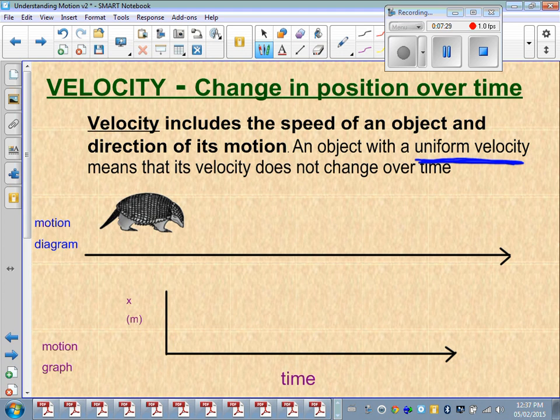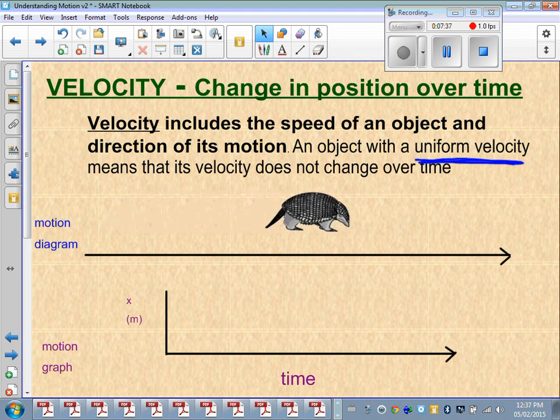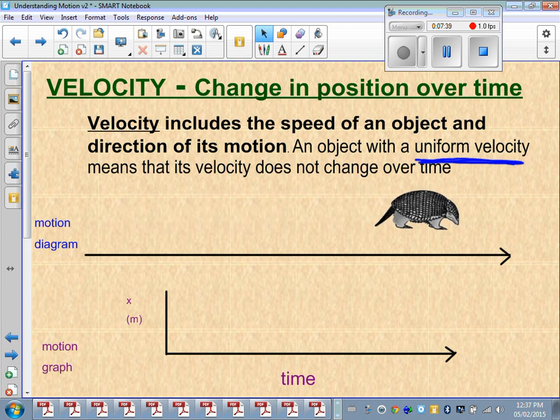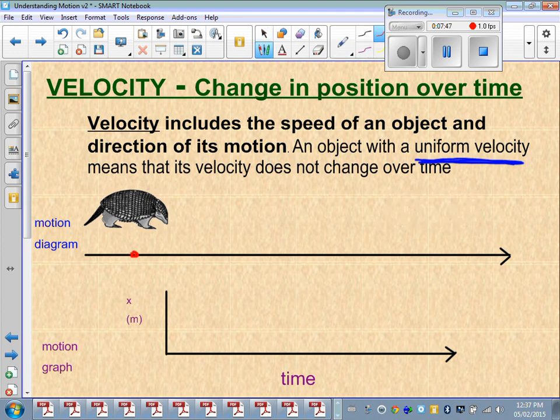So if we take this lovely armadillo over time and we step it through, the velocity would not be changing. It is not speeding up, as you can see on the screen. So if we move the armadillo back to here and we work it through, if the armadillo was able to lay an egg every second, you would see that it would be dropped at the same distance each second.